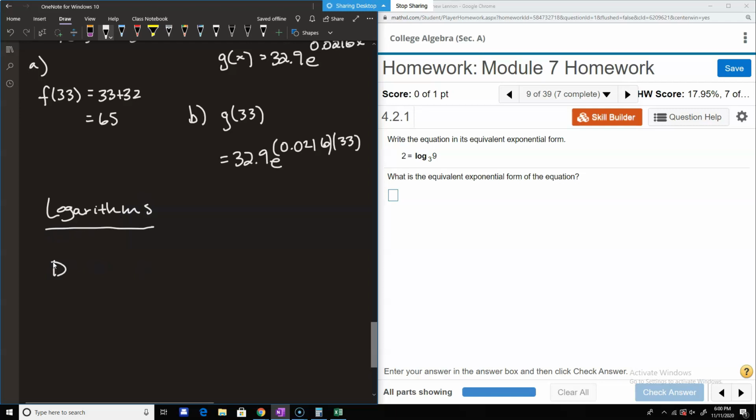The main definition here is it's the inverse of this exponential idea. So if we have, let's say, y is equal to the log base b of x, the way to think about this equation is to rewrite it and think of it as an exponent in another equation. So this is equivalent to b to the y is equal to x.